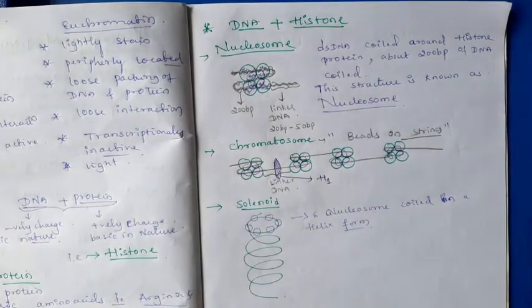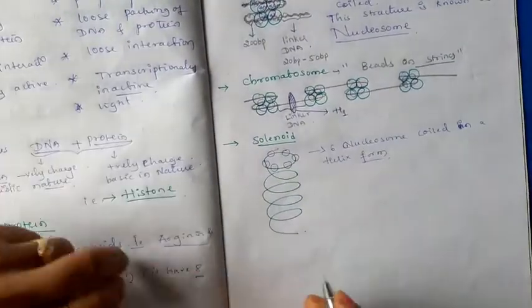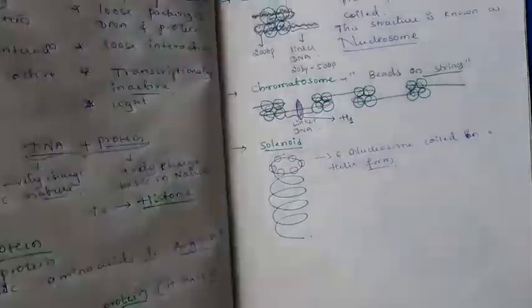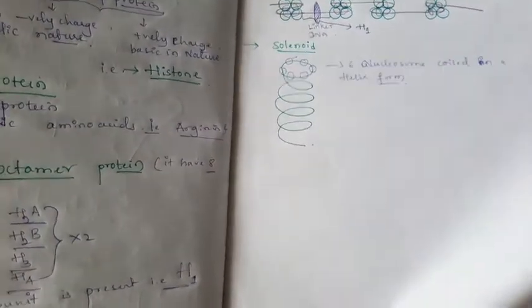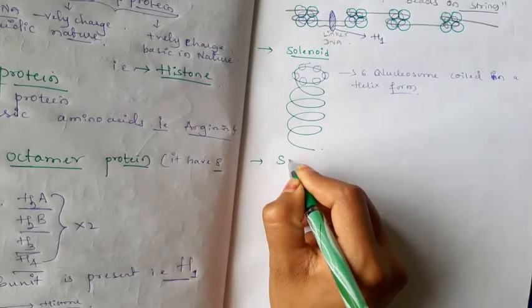The 6 nucleosomes are coiled around itself to form a solenoid model of DNA. Then after the solenoid model, the next model is the scaffold model.